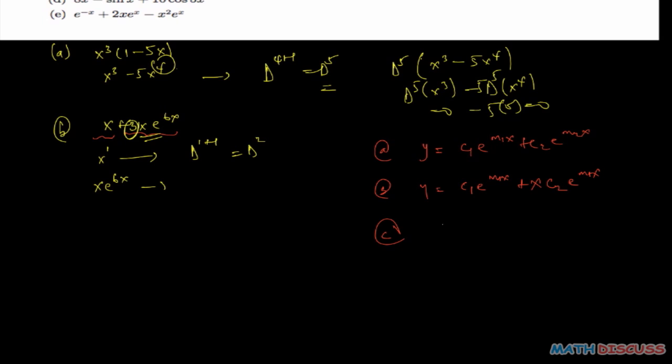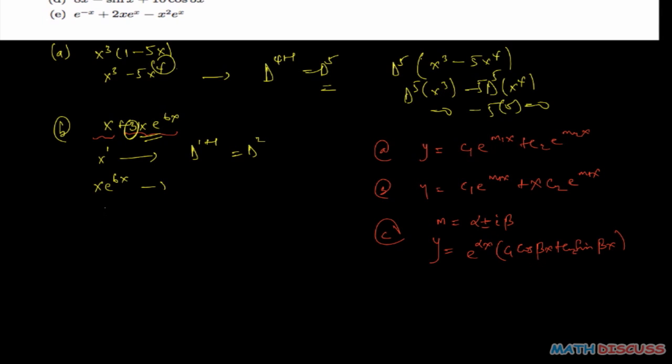The last case is if the solution of the auxiliary equation is a complex root, say alpha plus or minus i beta. Then the general solution is e to the power alpha x into c1 cosine of beta x plus c2 sine of beta x. These are the three forms of the general solution of a homogeneous differential equation.